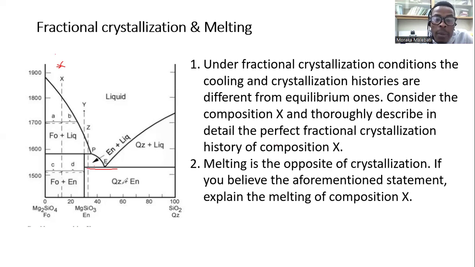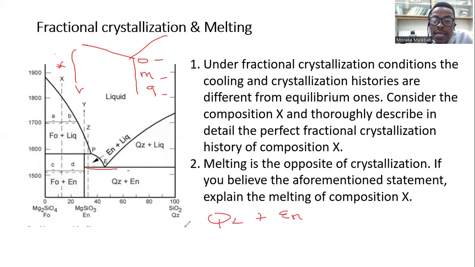Remember, according to Bowen's reaction series, quartz, orthoclase and muscovite are low temperature, so when we start to melt, we have to start with quartz. We're only having quartz plus enstatite.